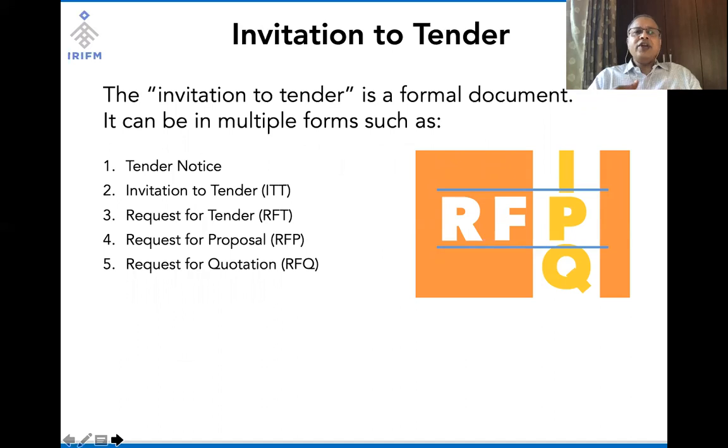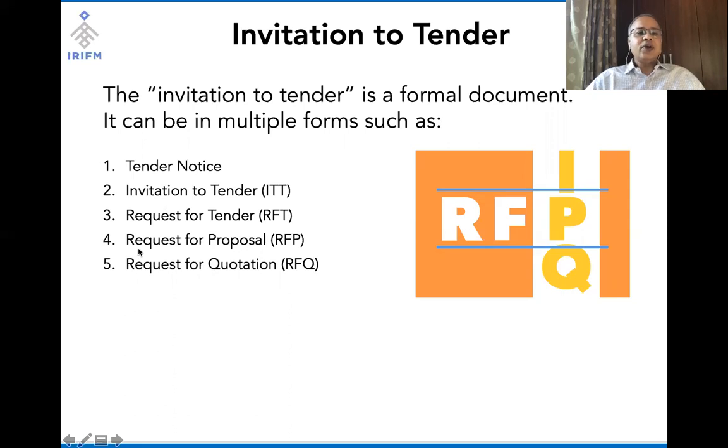Now, the starting point of tender is an invitation to tender, and such invitations could take multiple forms. For example, it's also called a tender notice. Some agencies call it an invitation to tender. Sometimes people use the term request for tender, RFT.